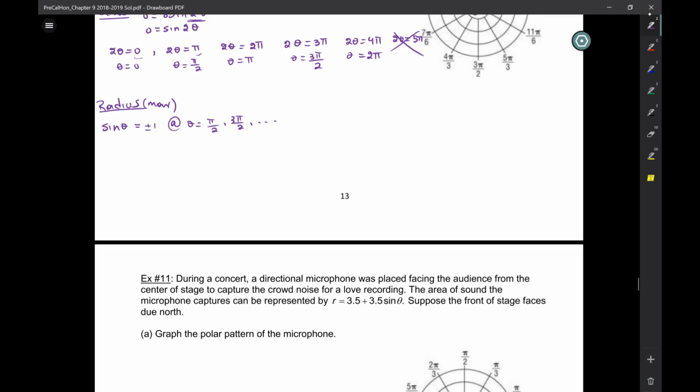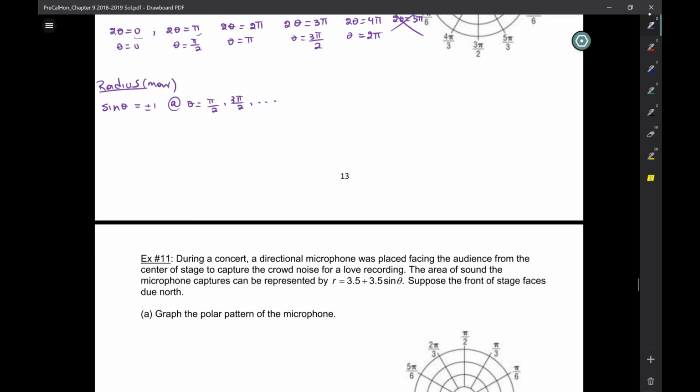Now, my function here is sine of 2 theta, right? So 2 theta has to equal pi over 2, 2 theta equals 3 pi over 2, 2 theta equals 5 pi over 2, 2 theta equals 7 pi over 2, and so on.